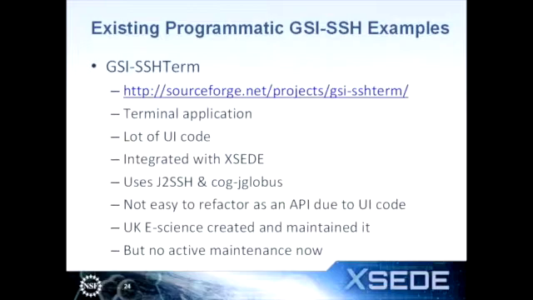Then you can submit jobs, and this GSI-SSH Term project uses CoG jglobus and J2SSH as underlying libraries to do the authentication.